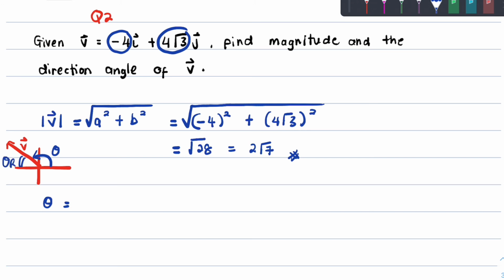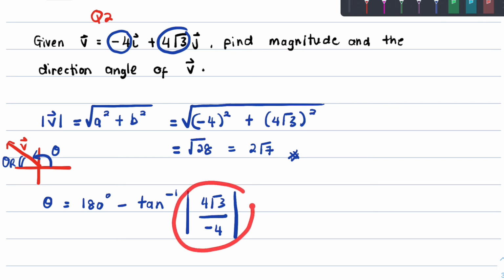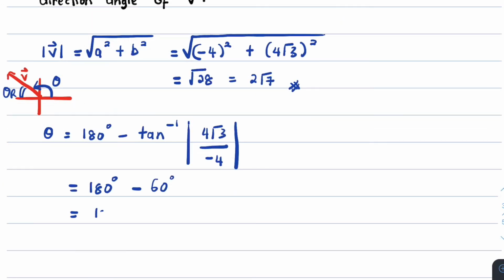So you must subtract from 180 degrees the arctangent or inverse tangent of b, which is 4 sec 3, over negative 4. Since this is a modulus, when you calculate, you get 180 minus 60 degrees, which gives you 120 degrees. So this is your direction angle for v.